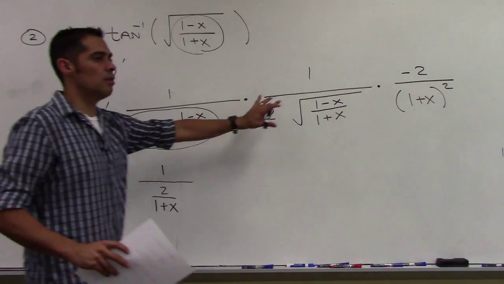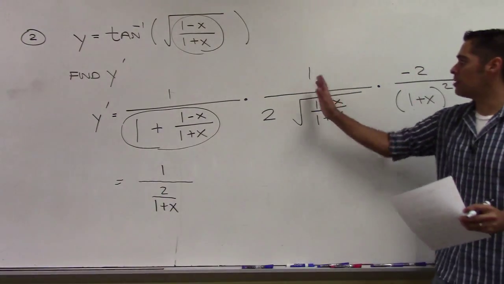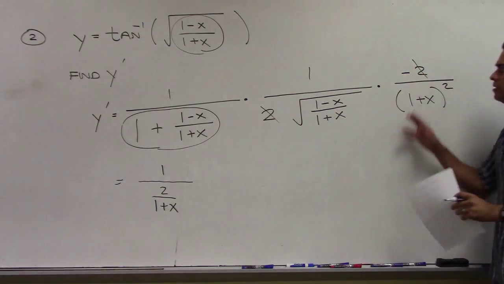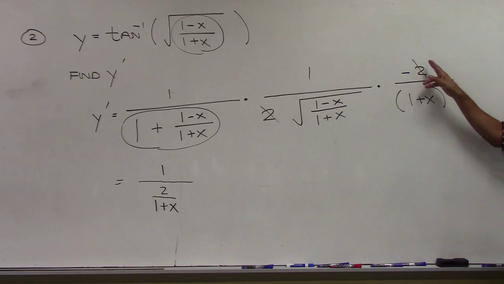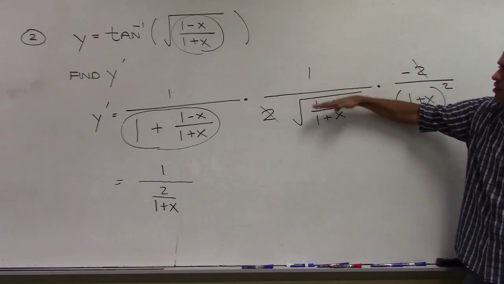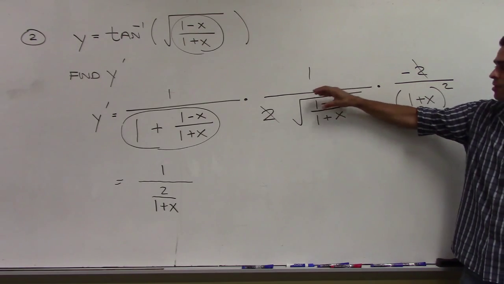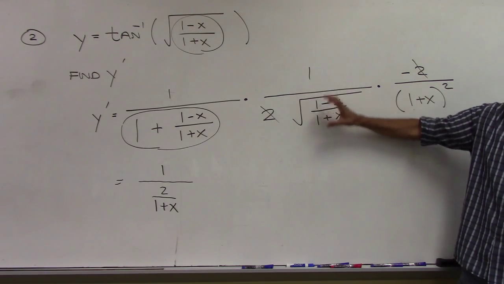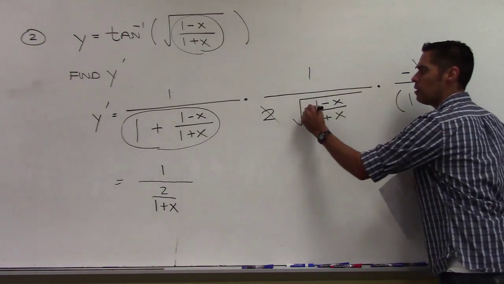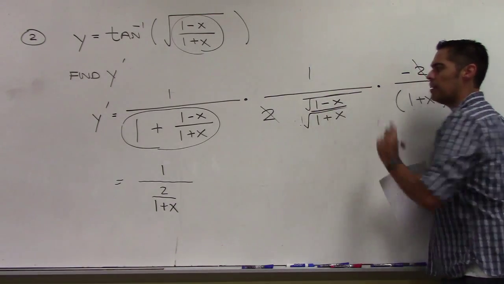On this next term over here, or these next two factors, I should say, do you agree that that 2 and that 2 would cancel, but you still have a negative 1 up there? Okay. On this one, do you agree that the square root of a fraction is the same as a square root on top and bottom separately, right? I could break this into 2 square roots, like square root up here, square root down here.